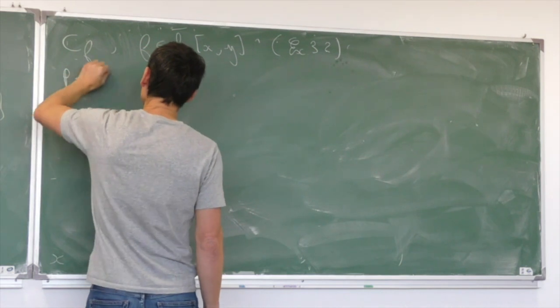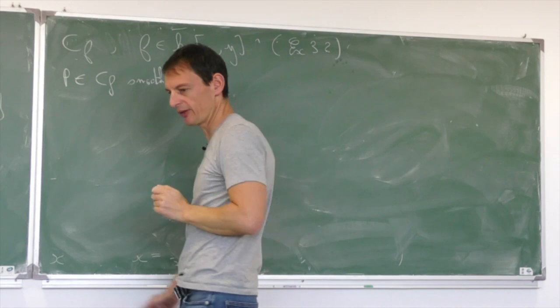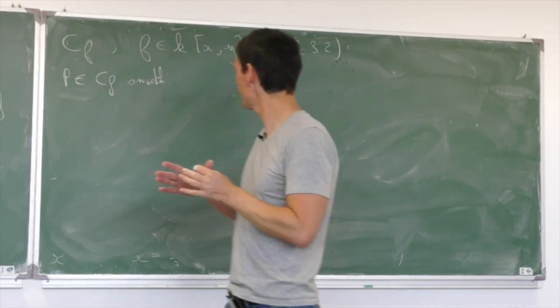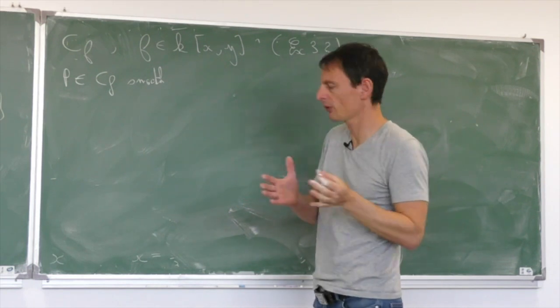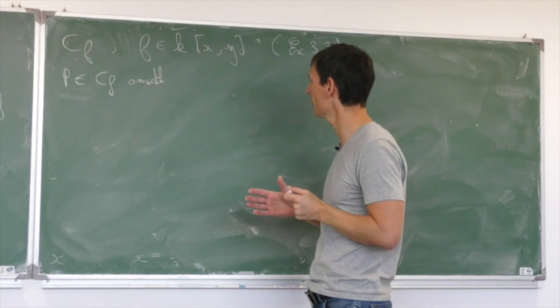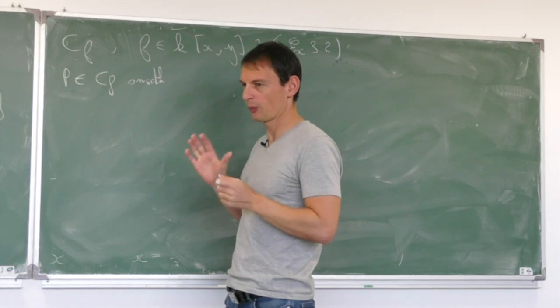So we take P, a smooth point in C of f. And the first thing you have to realize is that after a linear change of variable, as we did the first time, we can move any point in the plane to the point 0, 0.